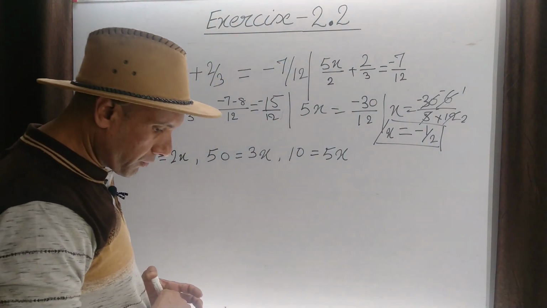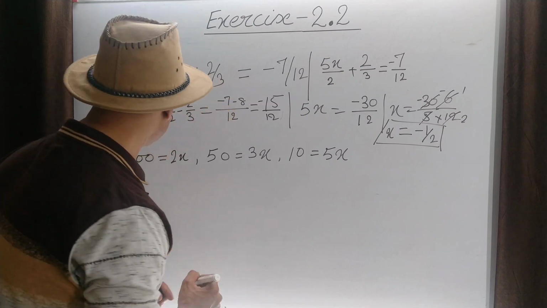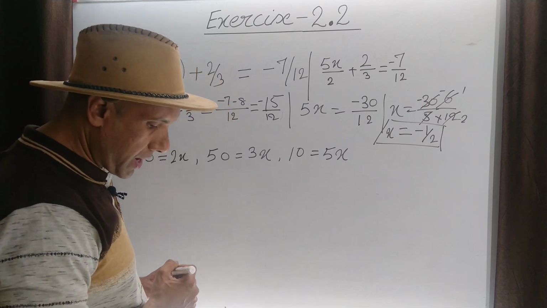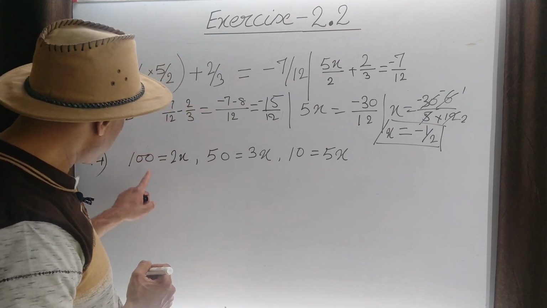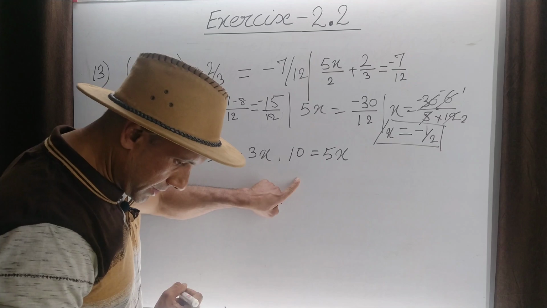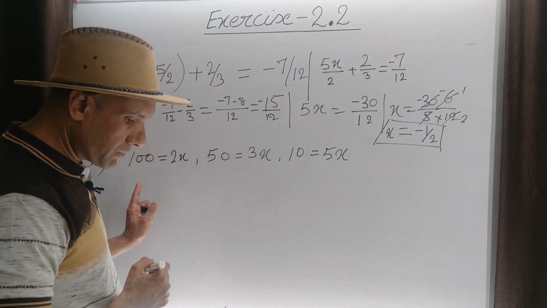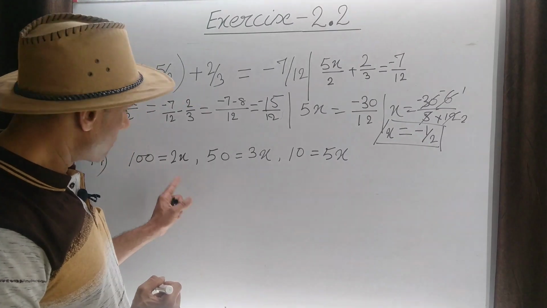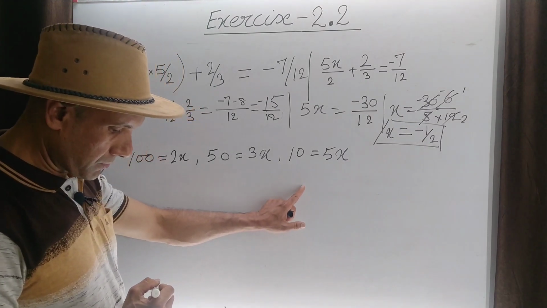Moving on to question number 14. So Lakshmi is a cashier in the bank. She has currency notes of denominations of 100, 50 and 10. The ratio of the number of these notes is 2 is to 3 is to 5.